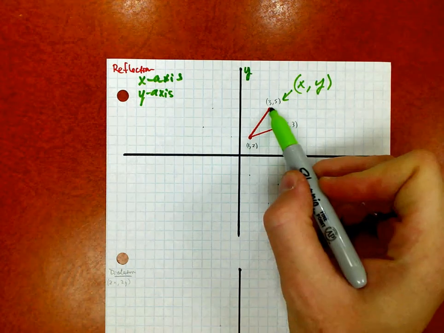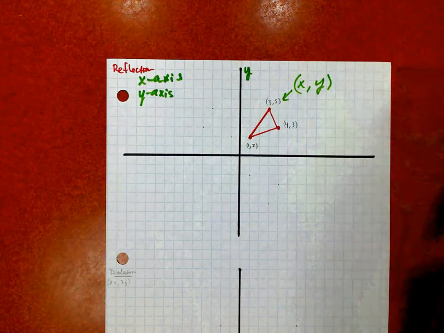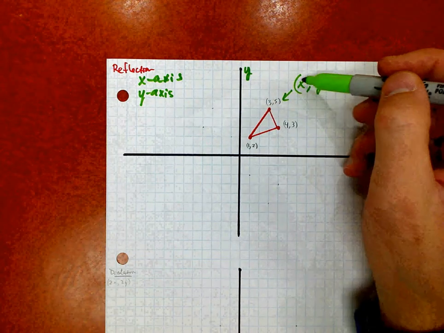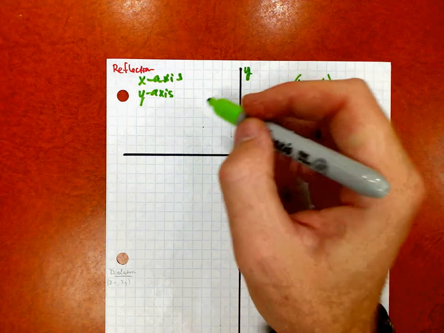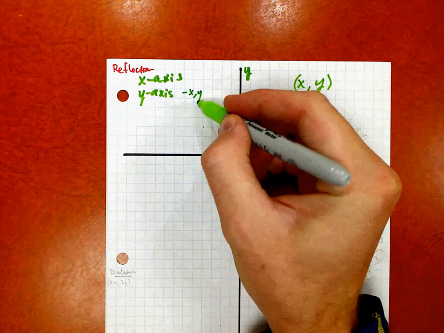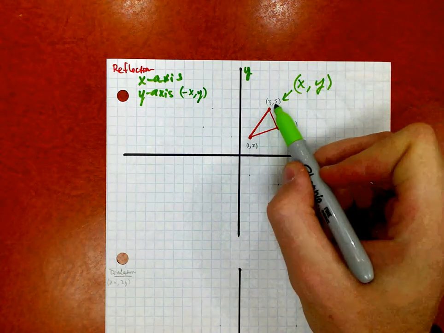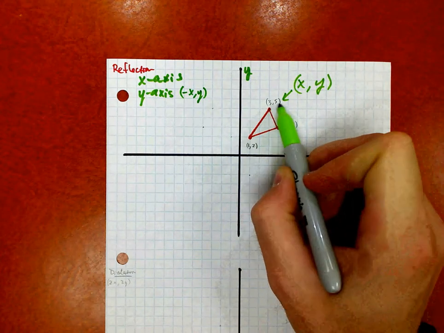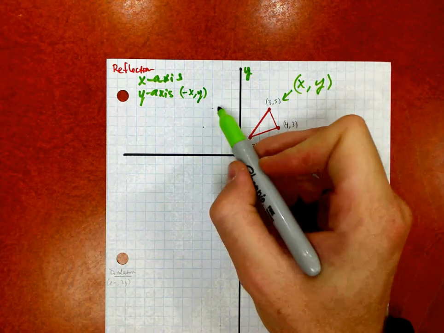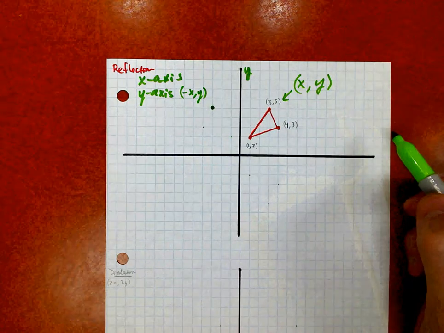Thinking about reflecting each of these points over the y-axis. What happens in y-axis reflection is that every x, y coordinate point turns into negative x, y. So the x coordinate of each of these points just becomes negative. Instead of 3, 5, we now have negative 3, 5.